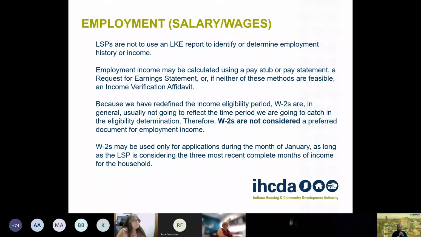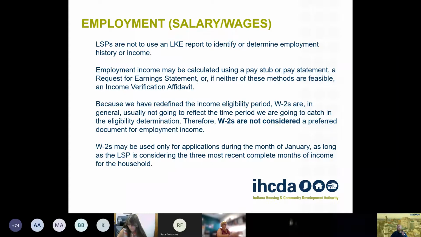The only time that W-2s would work under our current employment income calculation policies is if the household applies in January, sometime between January 1 and January 31, and if they provide that W-2 at the time of application, and if you are not using the 13-week method for this household, but are rather using 3 most recent complete months, because in that case, if they're applying in January, those 3 most recent complete months would be October, November, December.